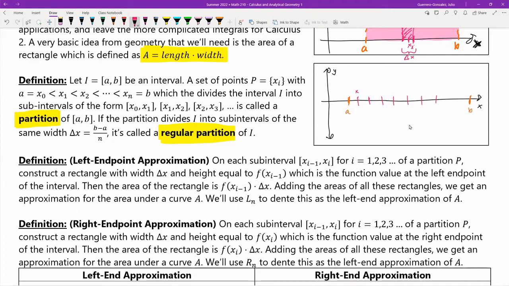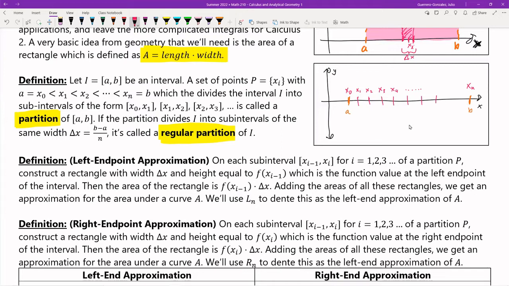So A is going to be my x0, x1, x2, x3, x4, dot, dot, dot, right? Until the very end. And this one's going to be x little n, okay? Anything that does this for an interval AB is called a partition of the interval AB, okay?